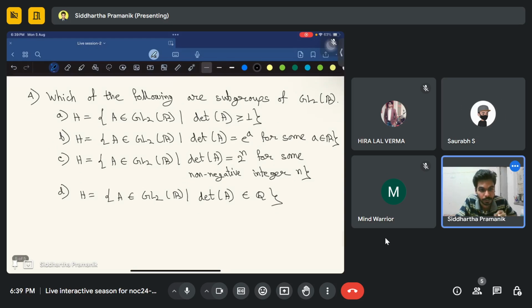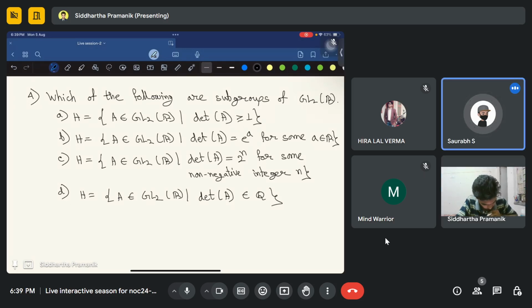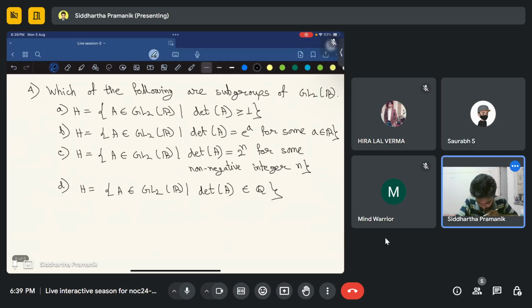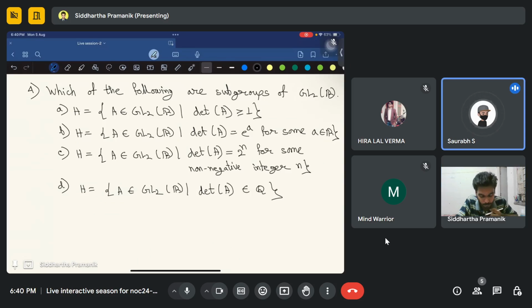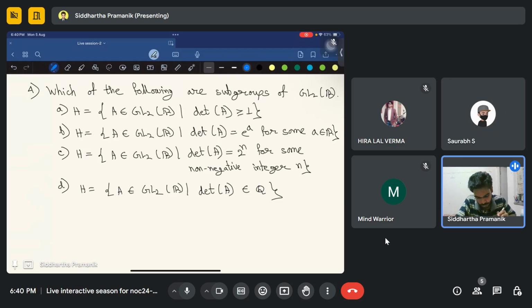Yes, correct. Yes, correct. What about the fourth one? Yeah, so the answer is, yeah, you are correct. It will be a subgroup. So the first one is not a subgroup. Okay, let me write it down here.